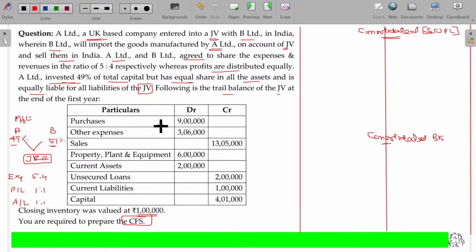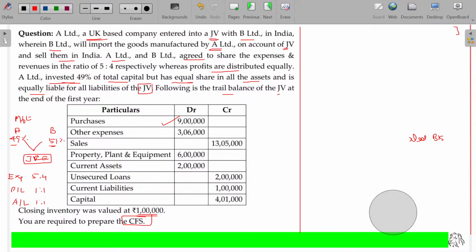Come on, tell me, purchases. We can prepare it in vertical format: the consolidated P&L account, statement of profit and loss, and the consolidated balance sheet.